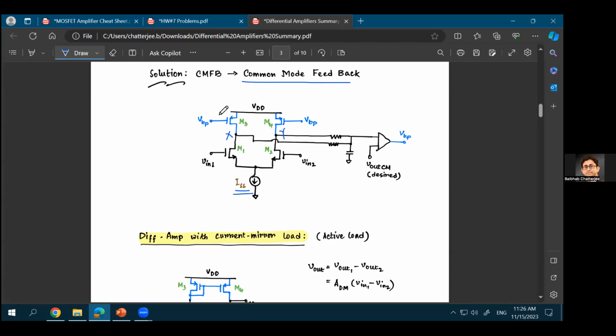If you just assume that these are resistors, you know that the DC bias point at point X is equal to VDD minus RD times ISS over 2. Again, something we had discussed in class when we were discussing differential amplifiers. Let's just assume that this is true. So that's the DC bias point over here. Similarly, at point Y, your DC bias point should be exactly the same, assuming that the two branches are identical.